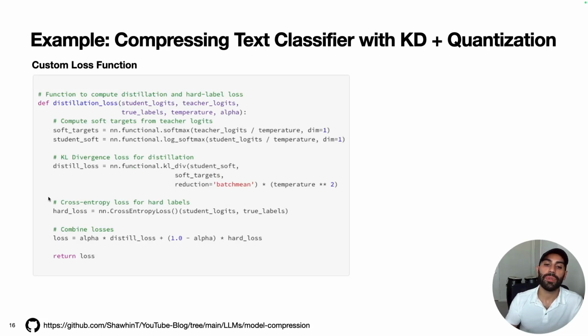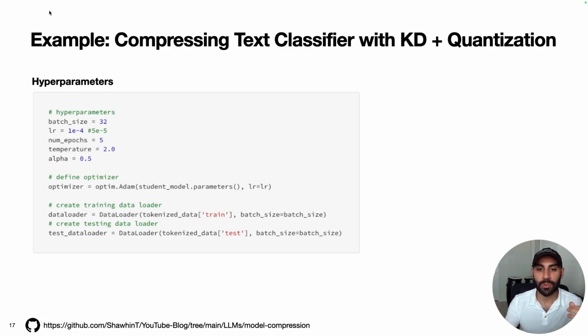And then we can compute the hard loss. So instead of comparing the student model's predictions to the teacher model's predictions, we're going to compare them to the ground truth label. And then we'll use the cross entropy loss to compare those probability distributions. And then finally, we can combine these losses by adding them together and adding this alpha parameter, which controls how much weight we're giving to the distillation loss versus the hard loss.